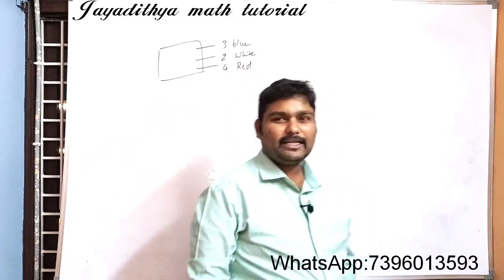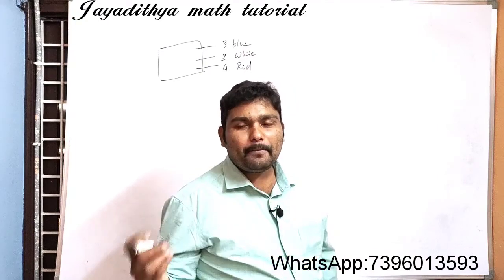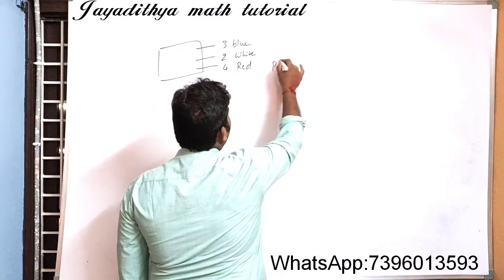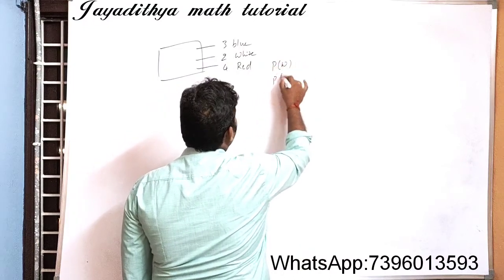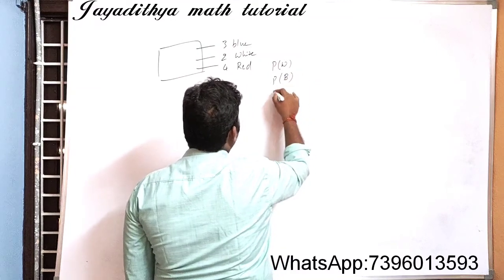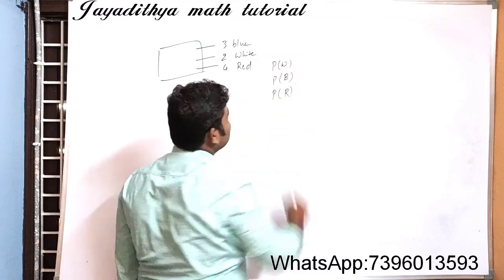Now our question is, when we draw a marble, what is the probability that the marble is white? What is the probability that the marble is blue? And what is the probability that the marble is red?